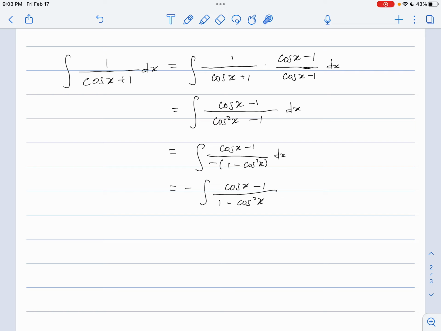Since we have the same denominator here, I think it is a good idea to split the numerator like this. We split the numerator and put the negative sign inside, and we get the integral of 1 minus cosine squared of x dx.